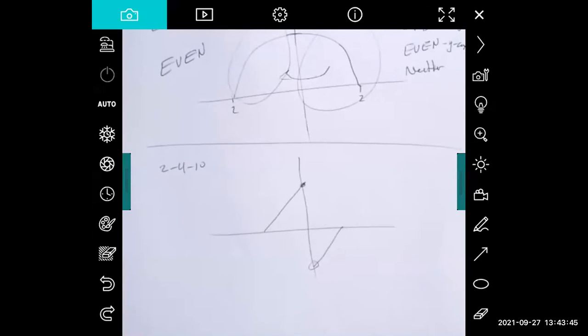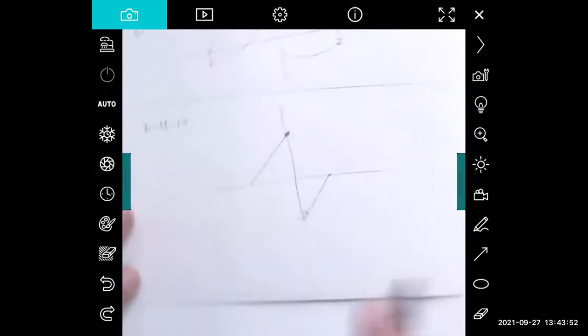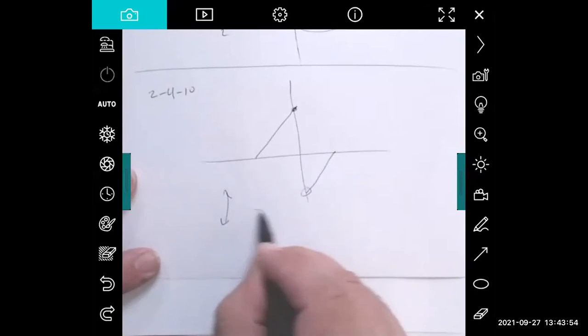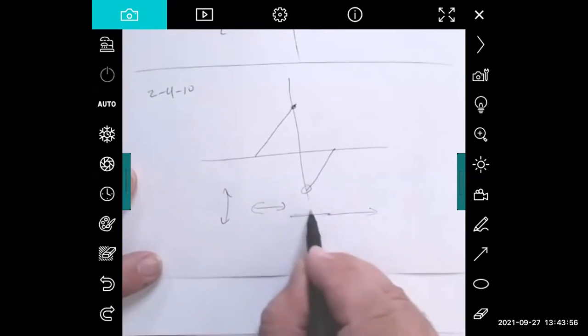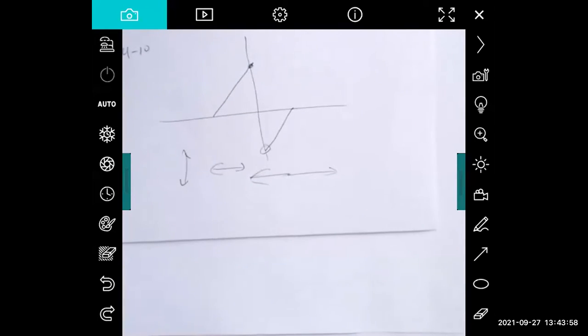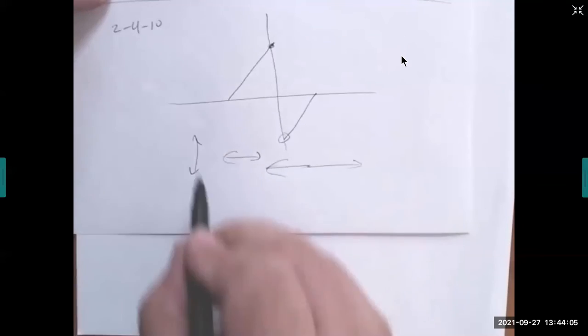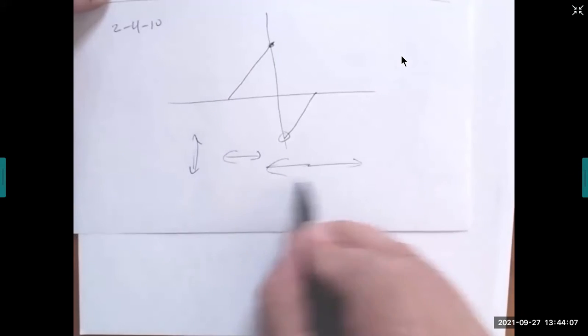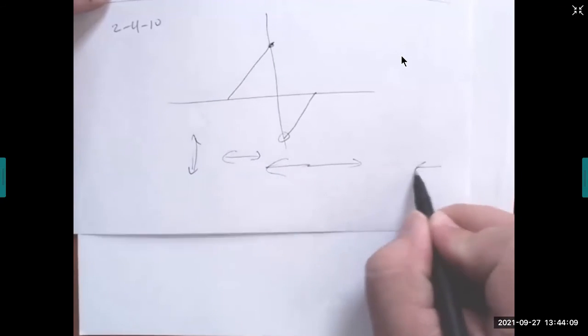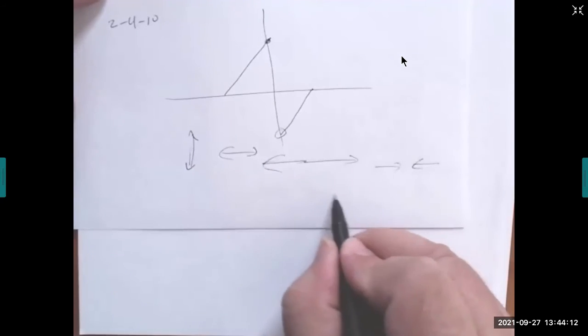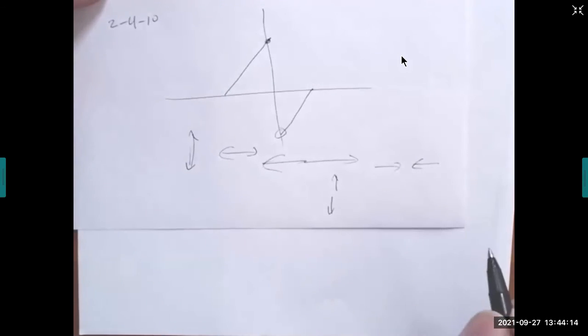On Wednesday, we're going to do transformations, which requires a lot. We're going to look at moving functions vertically, horizontally, spreading them wider, shrinking them, stretching them out, up and down, and then pushing them down.